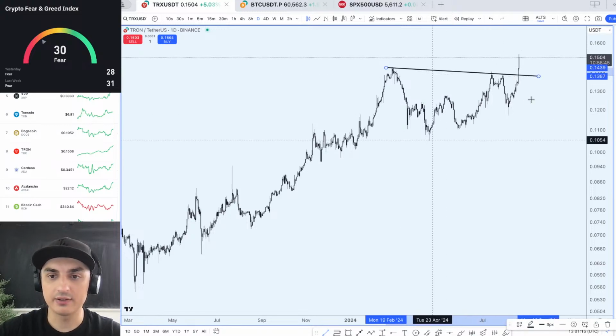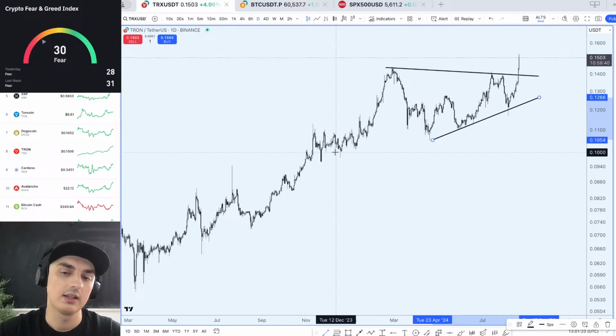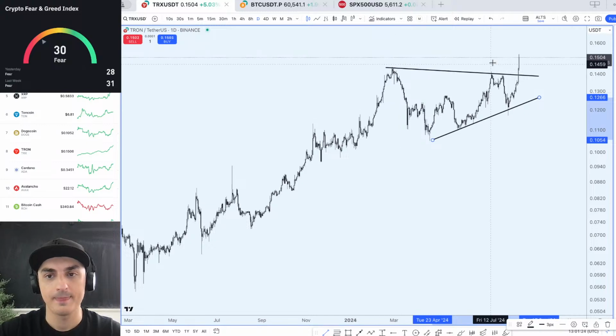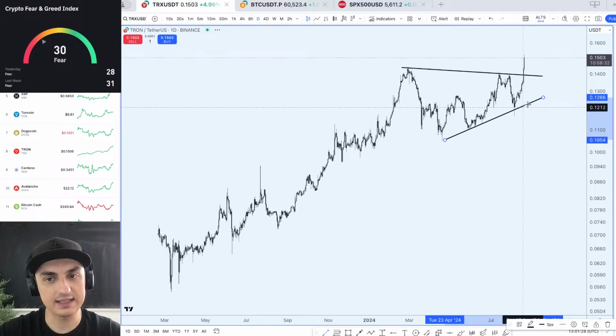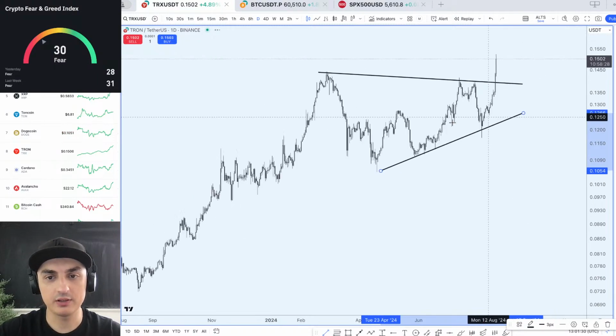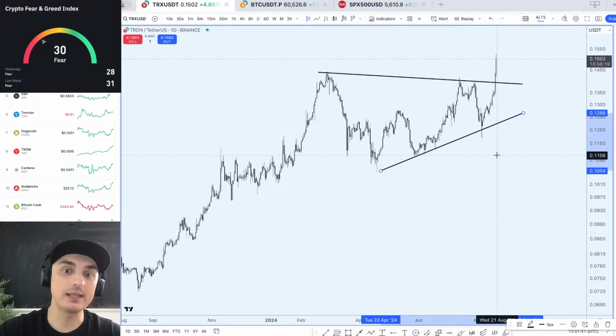It's been there since 2017, I guess, and we got this breakout from the triangle. We don't have any retracements yet, so that is a risky location. If you got some Tron, make sure you take some profits, otherwise it could disappear.